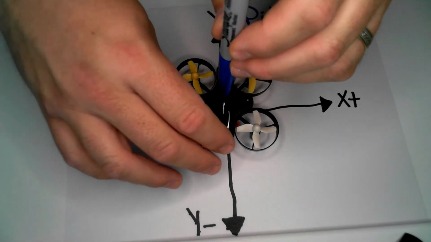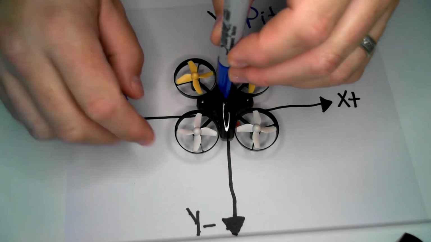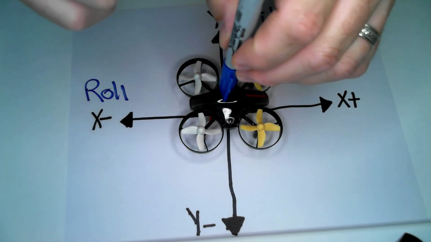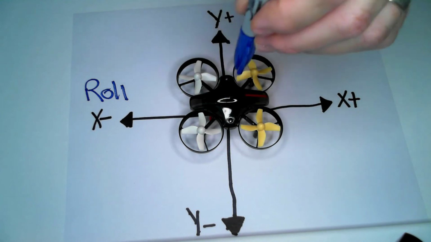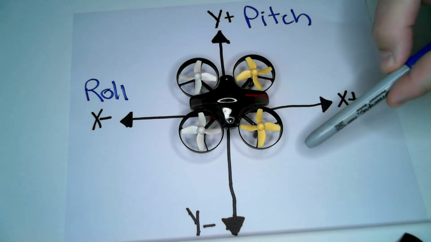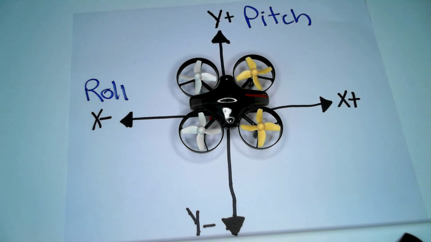So if I want the drone to face a certain direction, so let's say we want to face to the positive x, then I can have it spin like so. It's rotating around this z-axis here and facing a different direction. So it doesn't actually move in terms of the x and y coordinate system. It just simply pivots around. So that's yaw. Yaw to the right is a positive. Yaw to the left is a negative value.